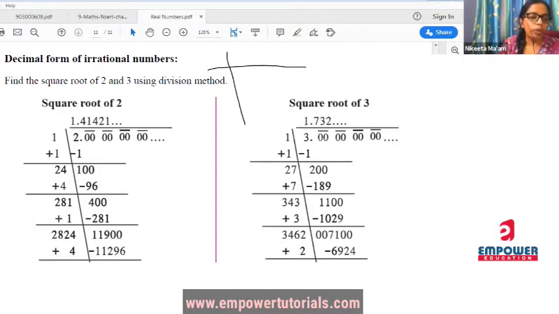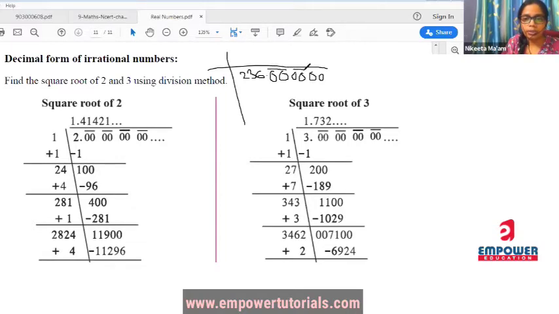So if you want to find the decimal form of 236, how do you write this number in the long division method? You have to write down this number like this. Then you have to make groups. After that you will make groups of two digits.